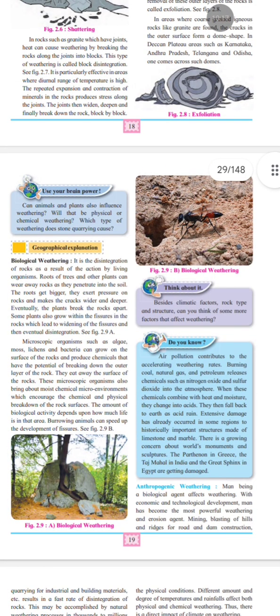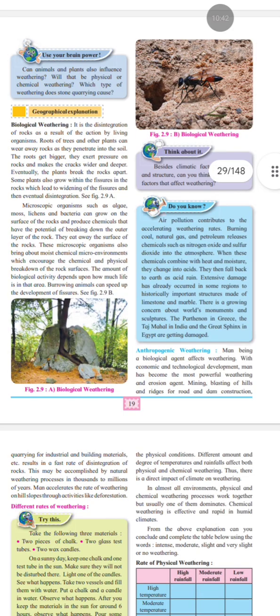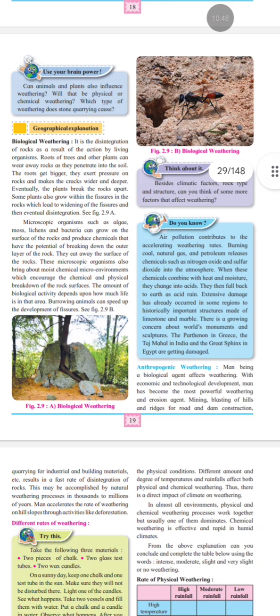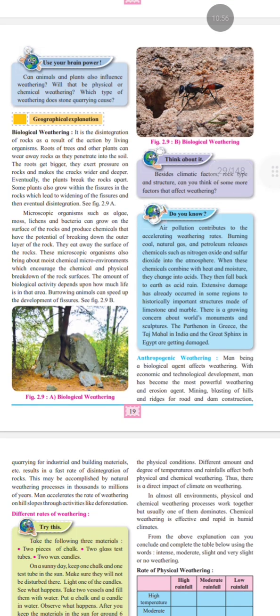Now we will clear the concept of biological weathering. Simply remember, biological weathering means the breakdown of rocks by living things like plants, animals, and microbes. You can see in figure 2.9, biological weathering, one picture shown here, how when a tree grows, two parts of rocks become separated.